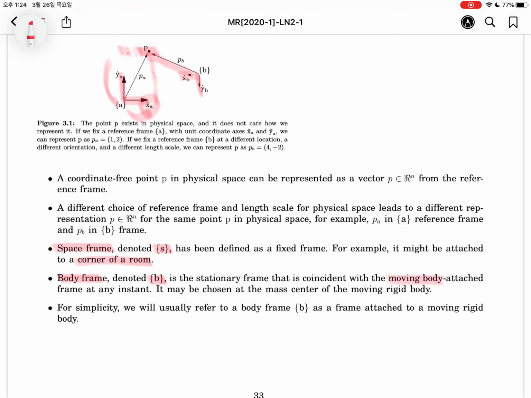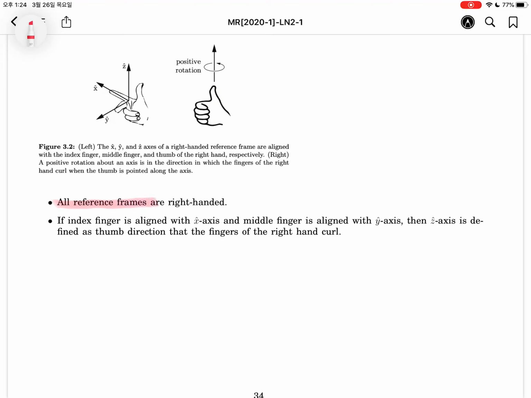All reference frames are right-handed. If the index finger is aligned to the x-axis and the middle finger is aligned to the y-axis, then when we curl the fingers like this, the thumb direction is the z-axis. This is called the right-handed rule. Throughout the textbook, we will use right-handed coordinates.